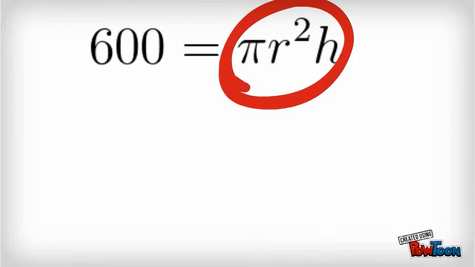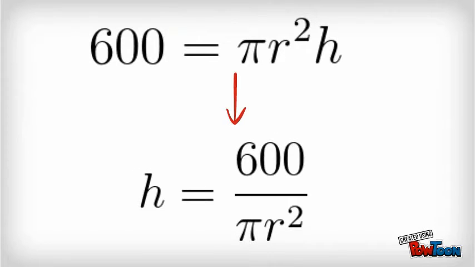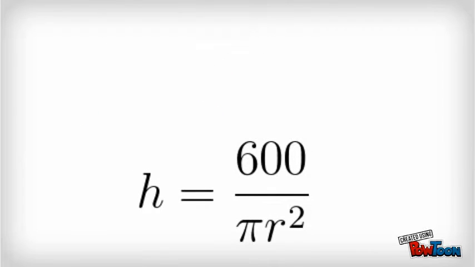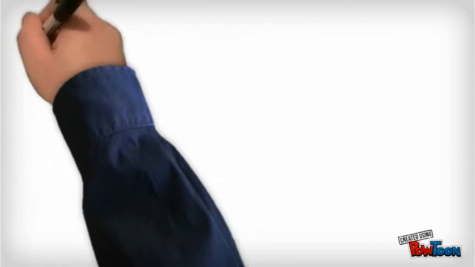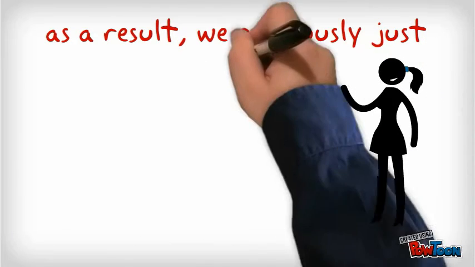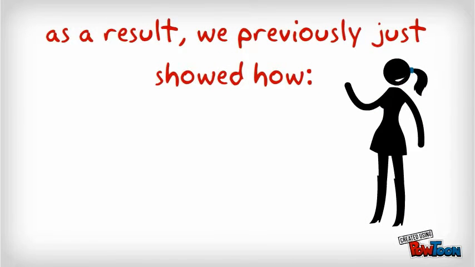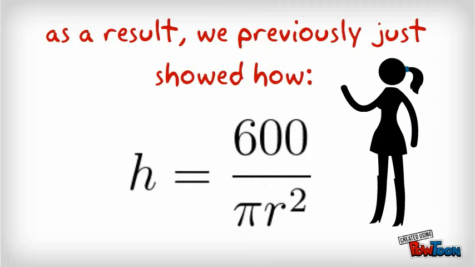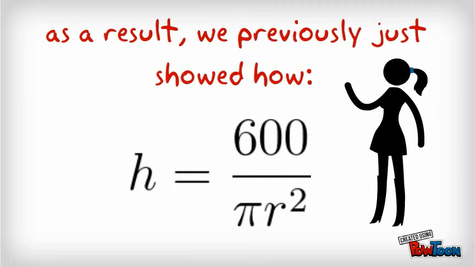Since the πr to the power of 2 is multiplying, it will change to division when moved. The formula will look like this. As a result, we just showed how h will be equal to 600 over πr to the power of 2.